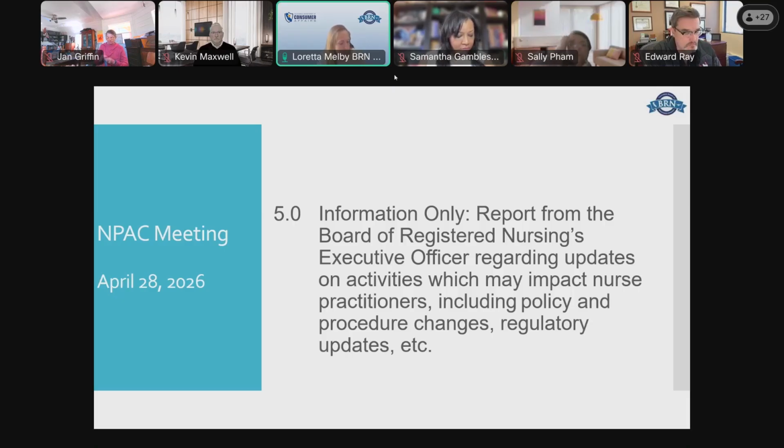So what you might see is a combining of those bills into our sunset bill. So there's only one pathway through because it ends up being very extensive. So don't be discouraged if you don't see that your bill continues. It may pop up in our sunset bill. Anything other than that that you guys might have heard of or have questions on, I'm here to answer any of those, but those are the highlights that I have to share around that here today.